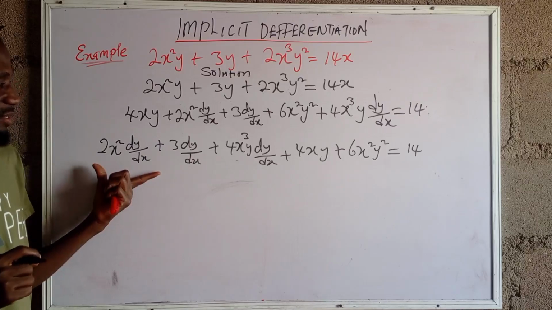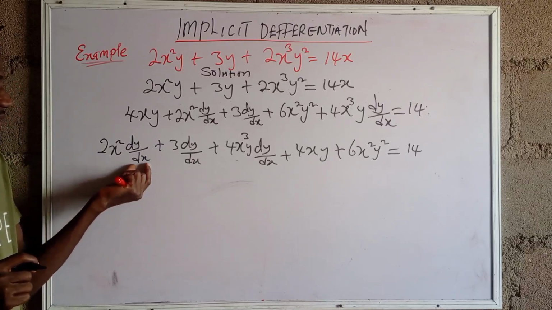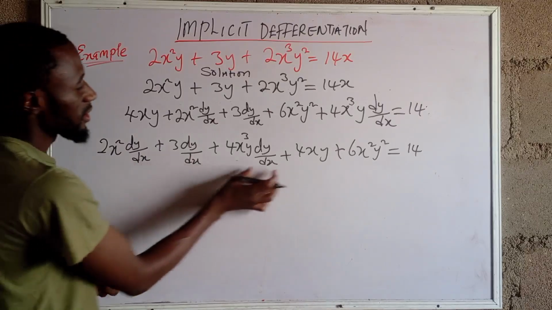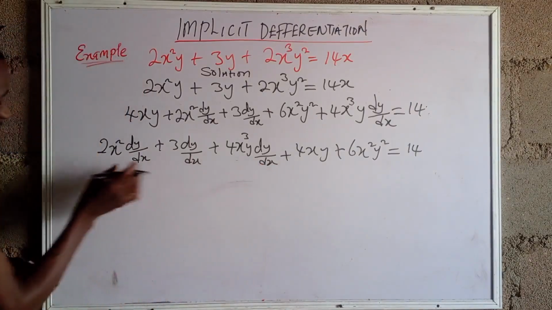Then in the next case, we are going to factorize those having dy over dx.